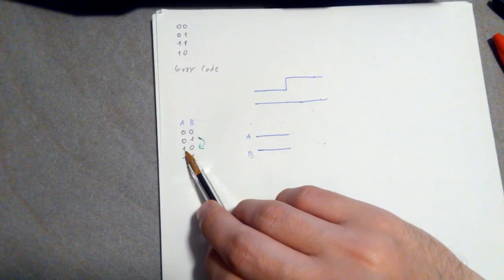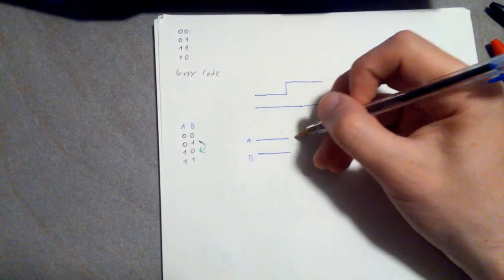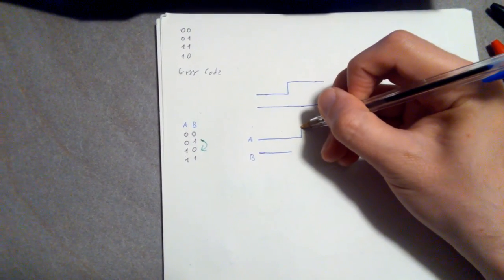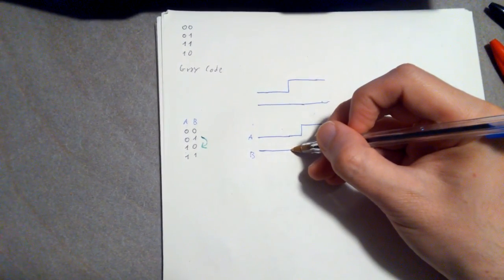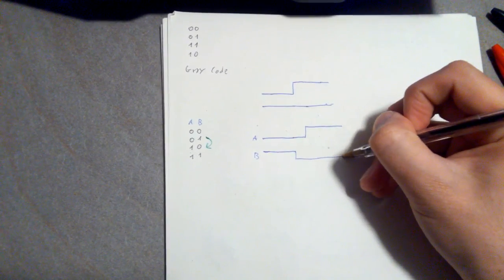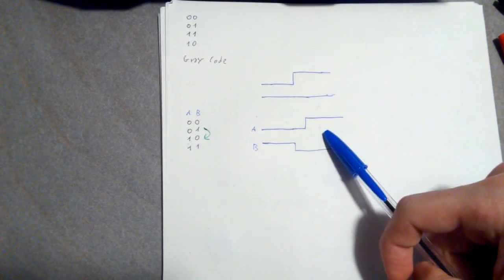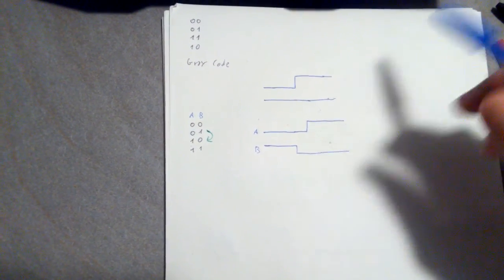And then A actually has to go to 1, and it does it like this. And B has to go to 0. But notice what happens. In the real world, they don't change at the same time.